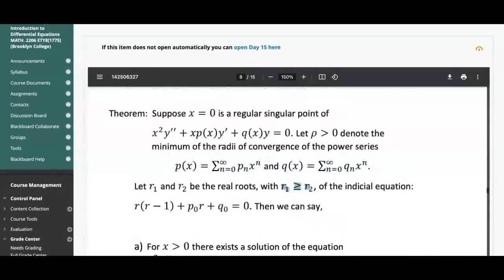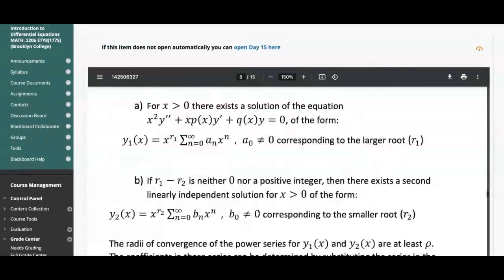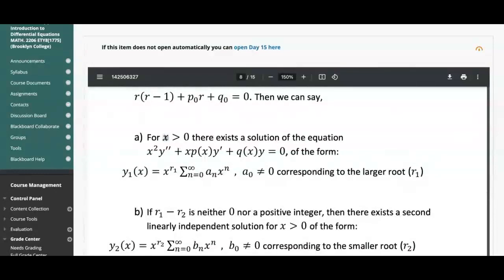Then we can see two things, A and B. For positive x, the solution of the equation has such a form: x raised to r1, or can be written as x raised to n plus r1 here.